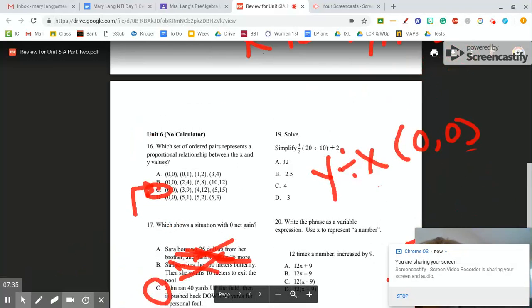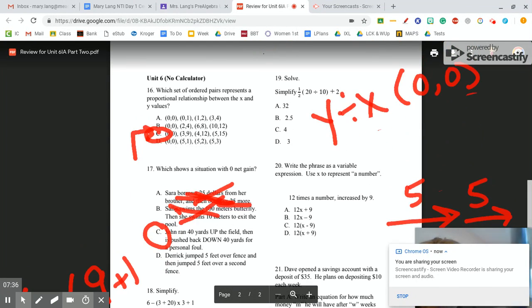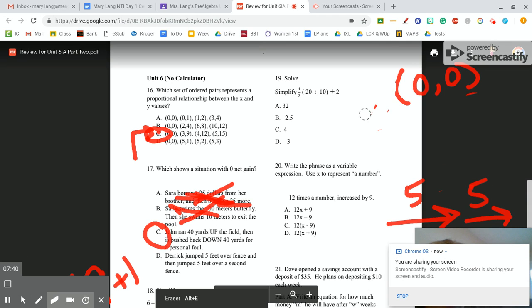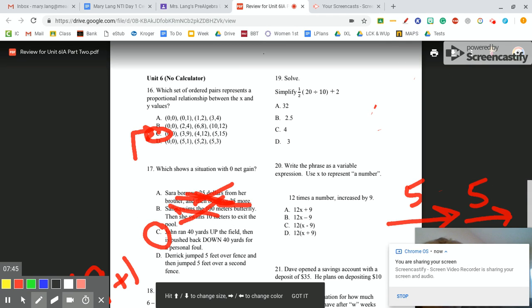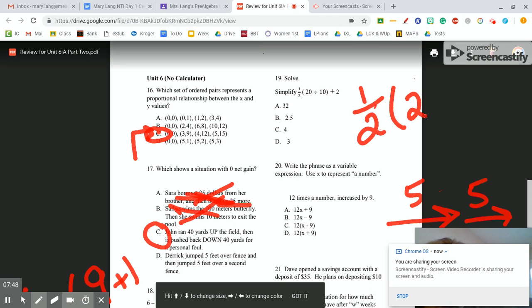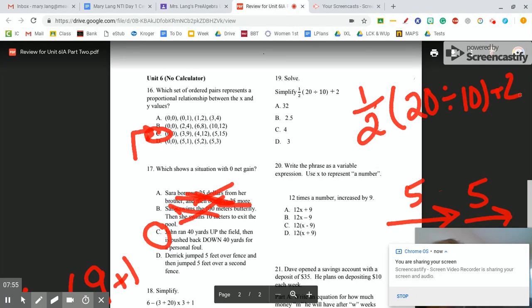Number 19. Erase that so we can see. All right, so 1/2 times (20 divided by 10 plus 2).